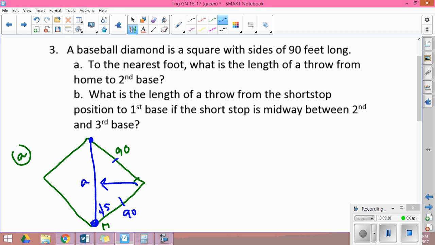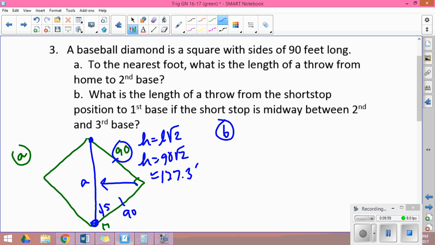And so if we remember, our hypotenuse is our leg times the square root of 2. Our legs in this case are 90. So our hypotenuse is 90 square roots of 2. Again, a beautiful exact answer, but no one is going to know how far it is if you say it's 90 square roots of 2 feet. So when you multiply that out, you get approximately 127.3 feet. Pretty nice throw for those catchers.